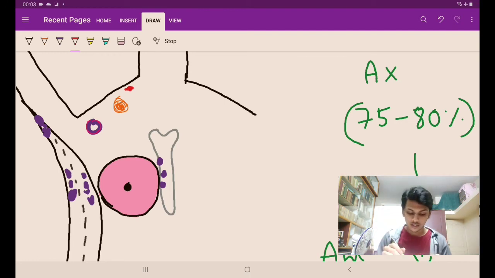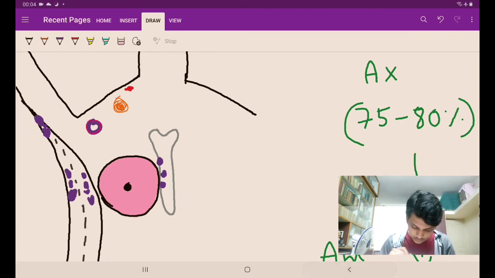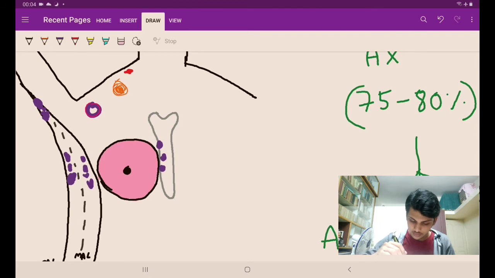Okay, so how does lymph flow? See, lymph flows in this manner. Lymph from the internal mammary group goes into the apical group.